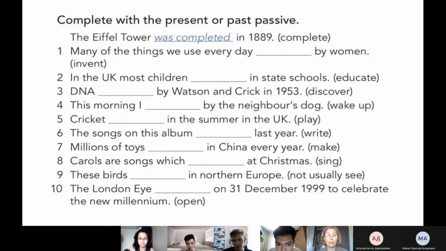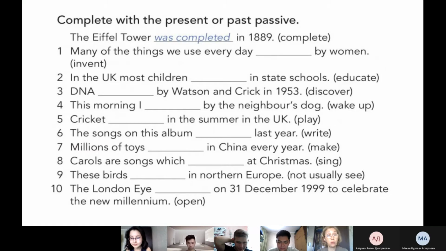Антон, у тебя микрофон включен, если что. Антон. И тебе отвечать. Тебе же отвечать, Антон. Ой, простите. Так. Number 4. This morning I'm wake. Как в третье лицо сделать его? Wake, woke, woken. Спасибо. Woke up by the neighbor's dog. Ну, смотрите-ка, это вы сказали, что вы разбудили соседских собак.